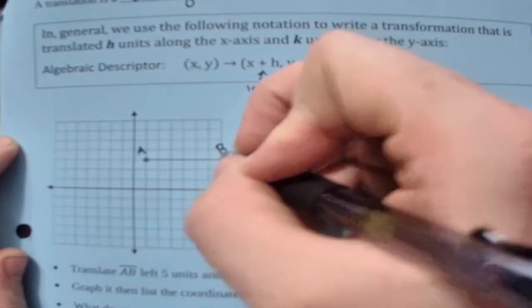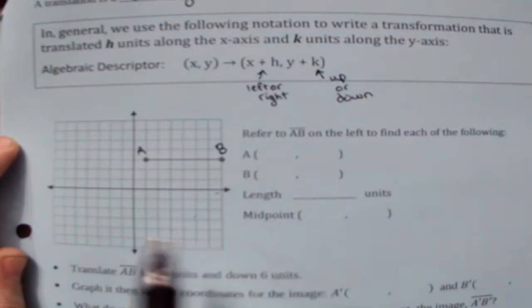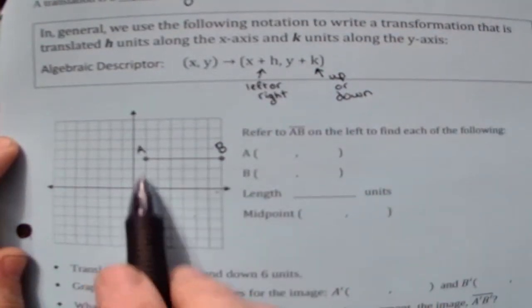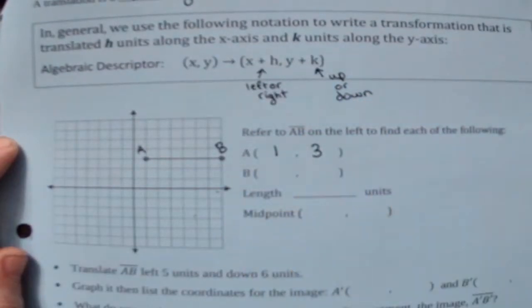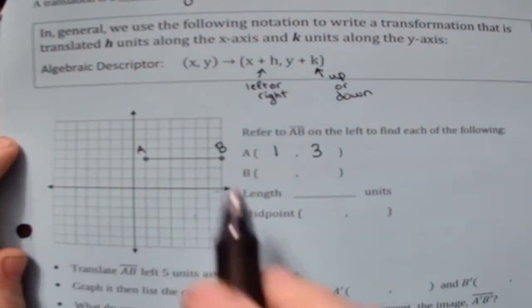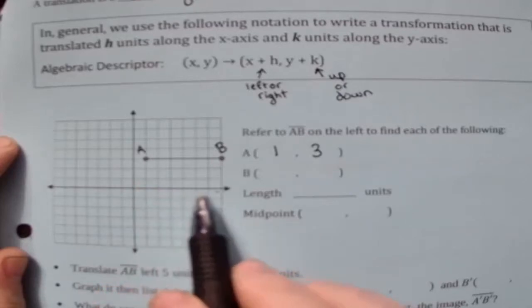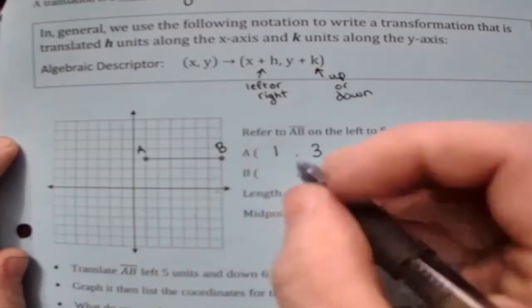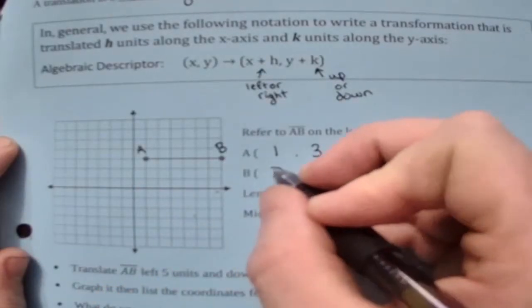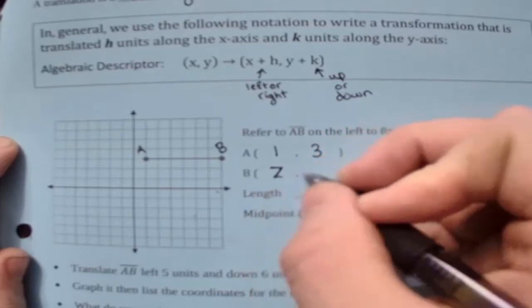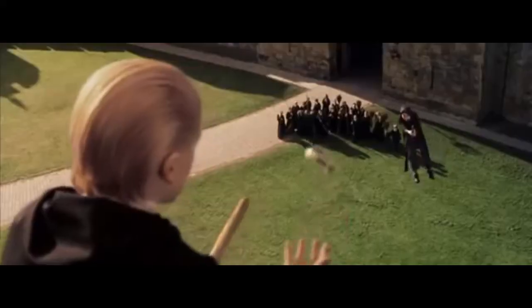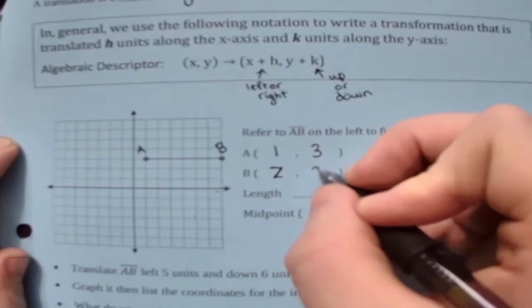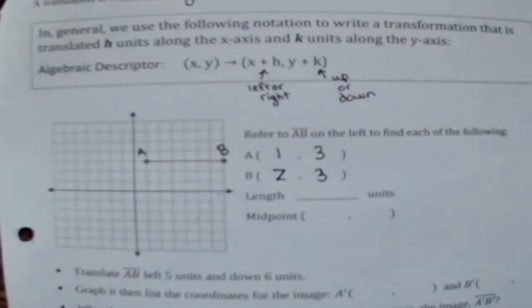So I'm going to label this one as A, this one as B. A is located at, go to the right one, up 3, so it's at 1, 3. B is to the right 7, up 3. So 7, 3.